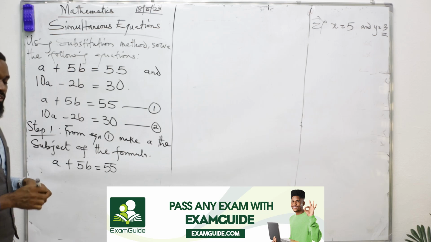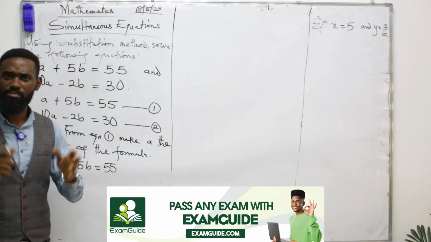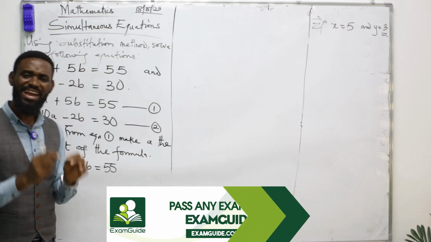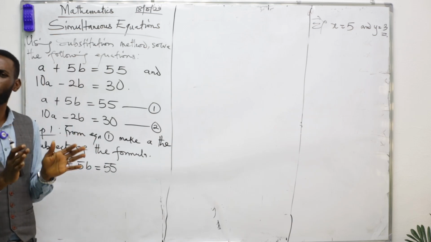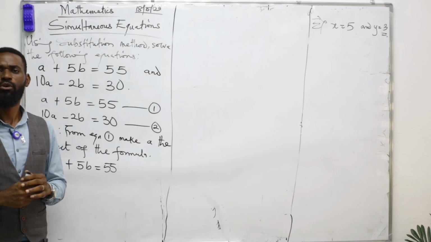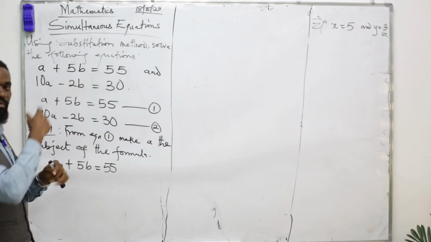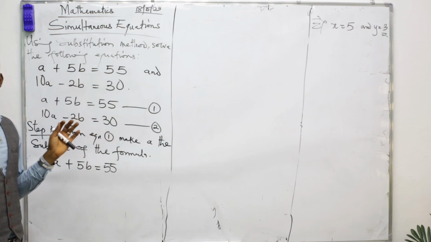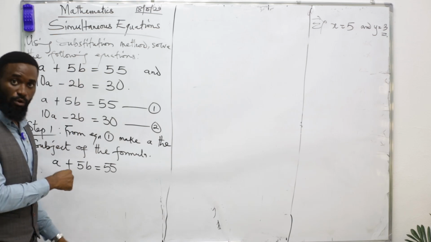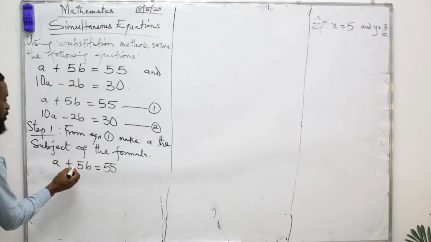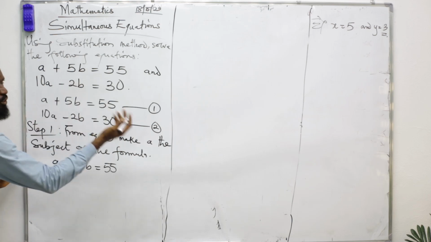To make any particular variable the subject simply means we make that variable stand alone in one part of the equation, so it becomes a relation to which all the expression of that equation is relating. To do that, we need to remove 5b from here so that it goes to where 55 is.